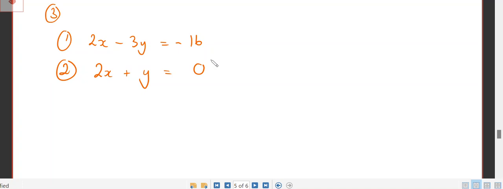Now the reason why I need the same number of x's is because now it is quite clear that the change in this answer is caused by what? The y. Changing this bit here has changed the answer because the x bit's the same, right?